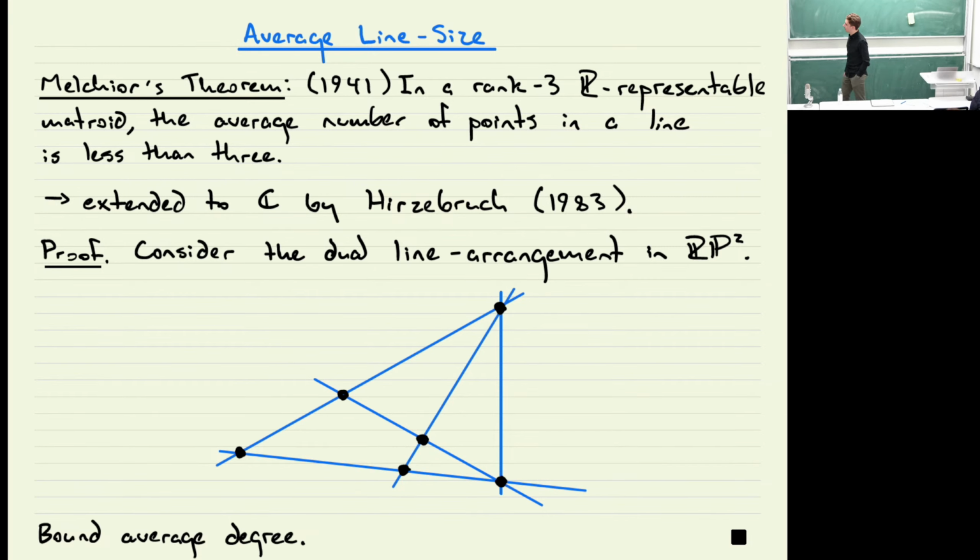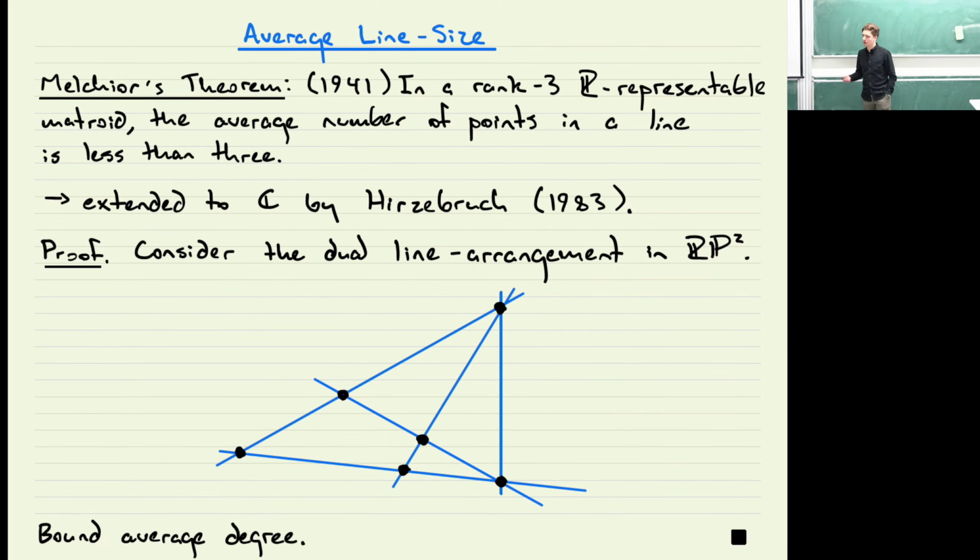But unfortunately, I don't know a way of doing something similar for planes. Maybe there's a way of using the Euler-Poincaré formula for hyperplane arrangements or something like this, but I haven't figured out how to do it.